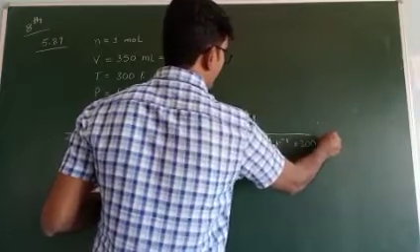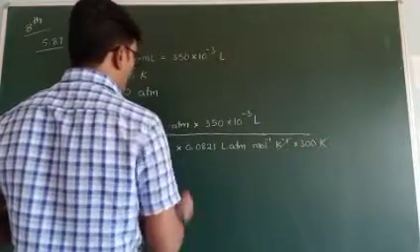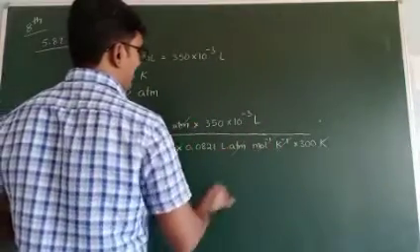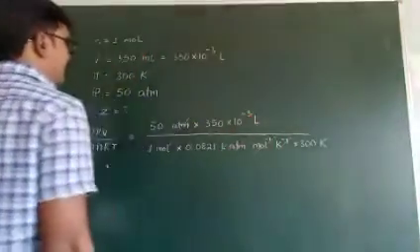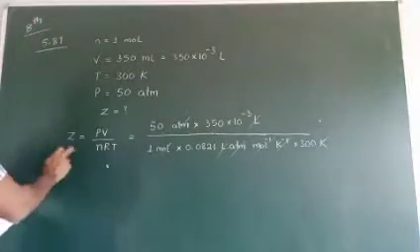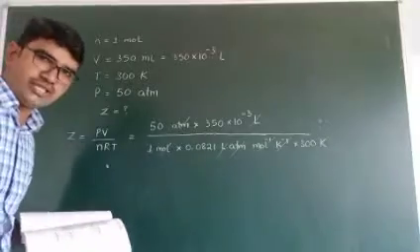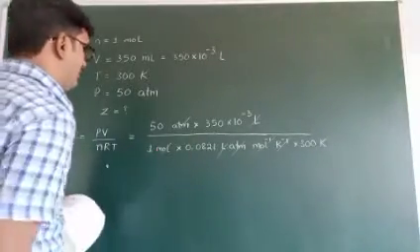So Kelvin inverse cancels, mole inverse cancels, atmosphere cancels, liter cancels. Z value must be constant, so there are no units.